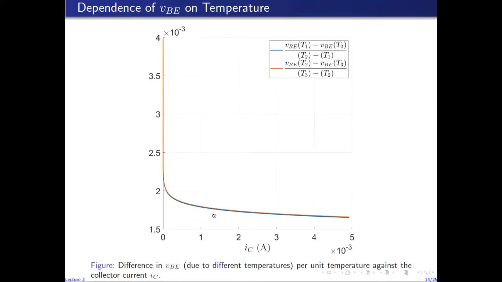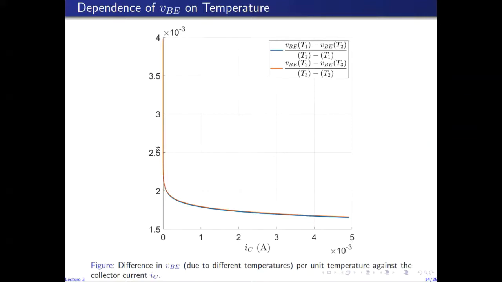In your textbook, it has been stated that VBE changes by minus 2 millivolts for every 1 degree C rise in temperature. So this is very close to minus 2 millivolts per degree C. These curves show a decrease in VBE of about 1.6 or 1.7 millivolts per degree C, which is very close to the given value. In the textbook, minus 2 millivolts per degree C means that VBE decreases with increasing temperature.